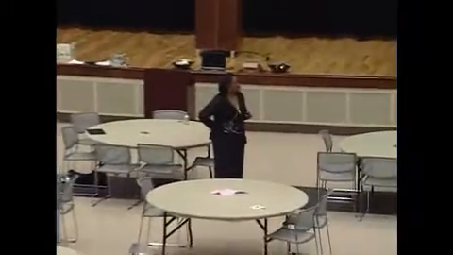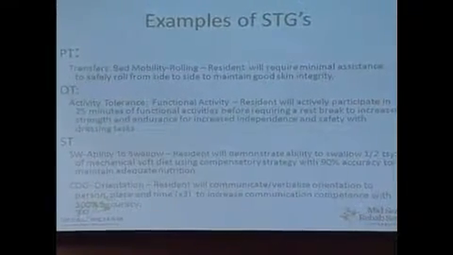Resident will demonstrate ability to swallow a half a teaspoon of mechanical soft diet using compensatory strategy with 90% accuracy to maintain adequate nutrition. The components of this goal is resident. The measure is a half teaspoon and 90% accuracy. The functional outcome is to maintain adequate nutrition.